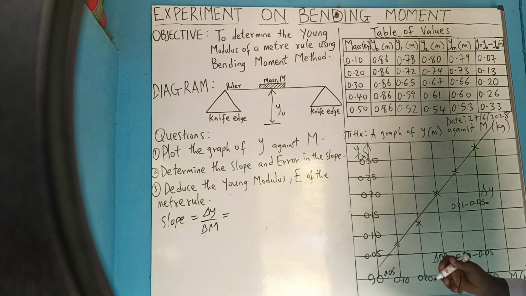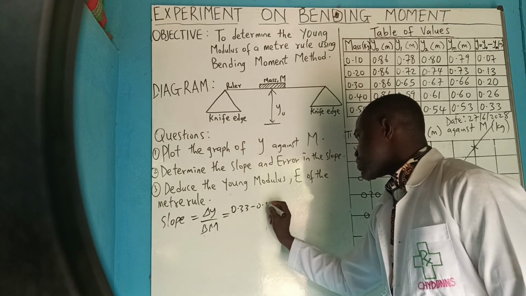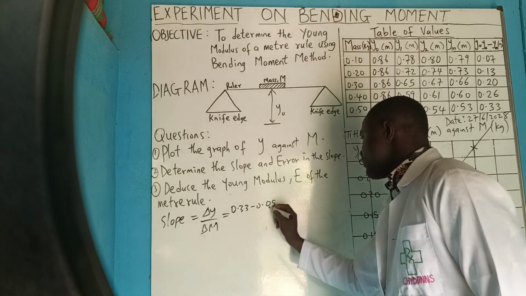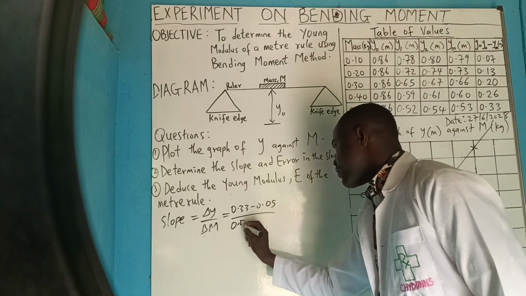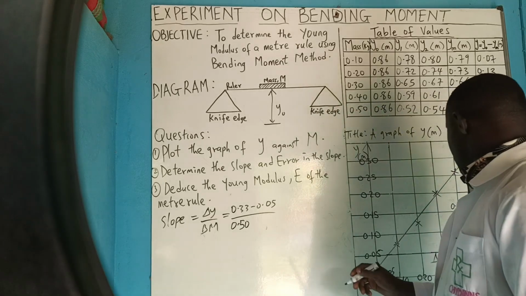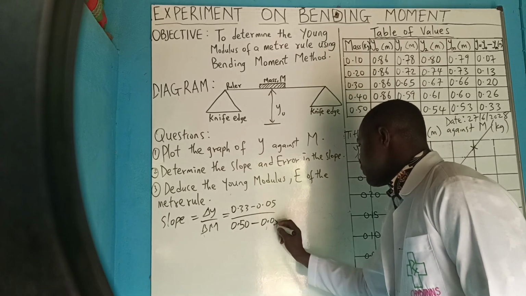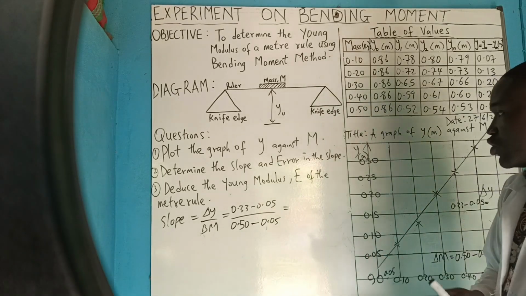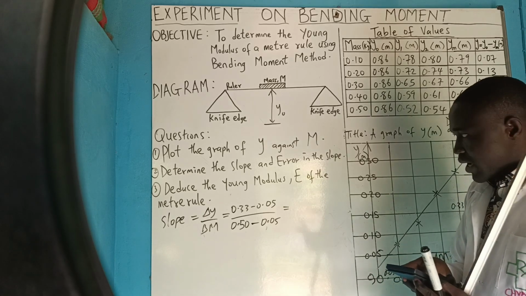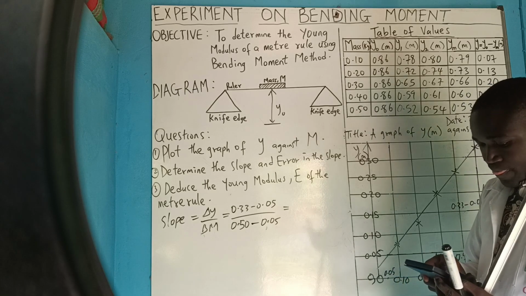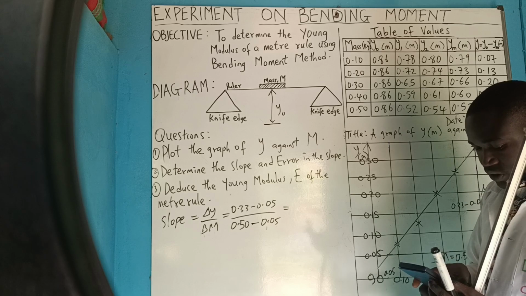What is your change in y? 0.33 minus 0.05. What is change in m? 0.50 minus 0.05. Then you use your calculator to do it. 0.33 minus 0.05 divided by bracket 0.5 minus 0.05.